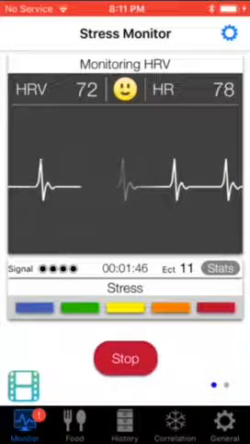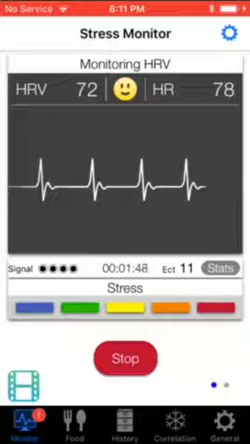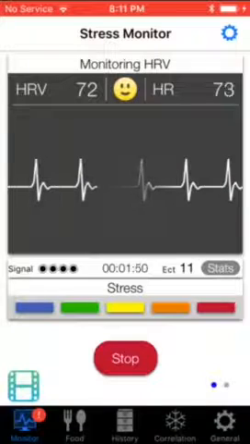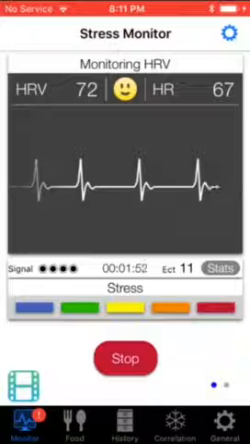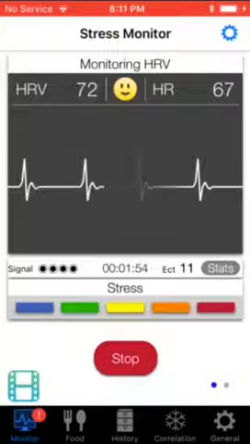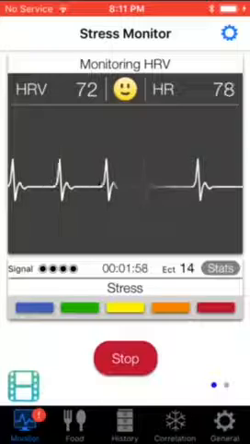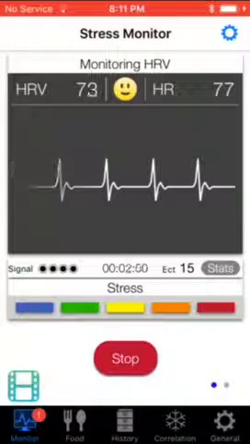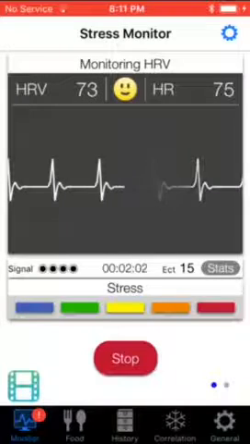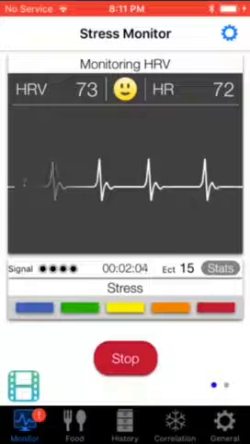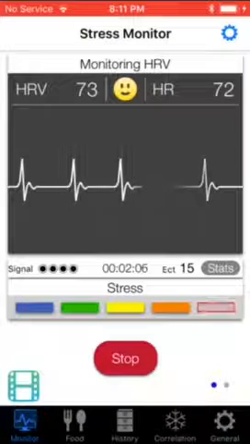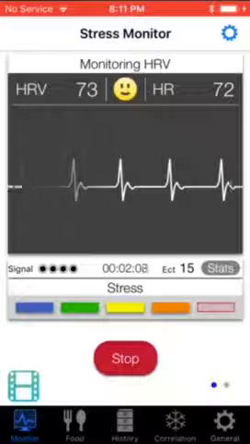A little further explanation on heart rate variability can be found at this link that I'm putting up to Ben Greenfield, a clip of Ben Greenfield discussing heart rate variability and how he uses it to measure readiness for training. People use heart rate variability to measure their readiness to train, like some of the best athletes in the world.